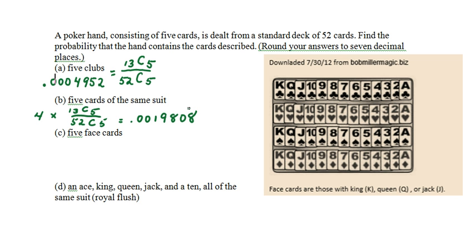And then the next part is 5 face cards. So there are 12 face cards in the deck. So we would have 12C5 divided by 52C5. Back to the calculator.